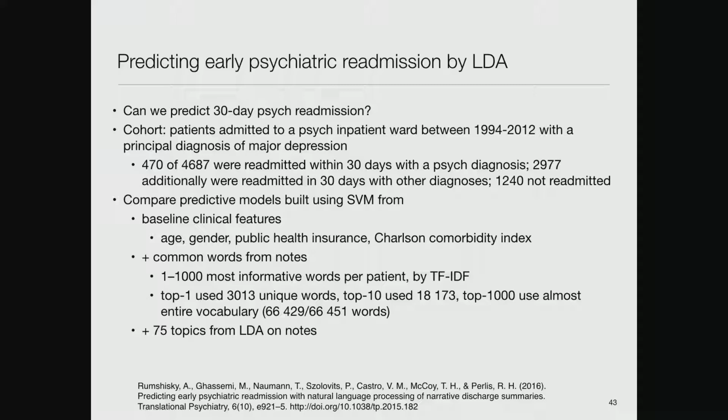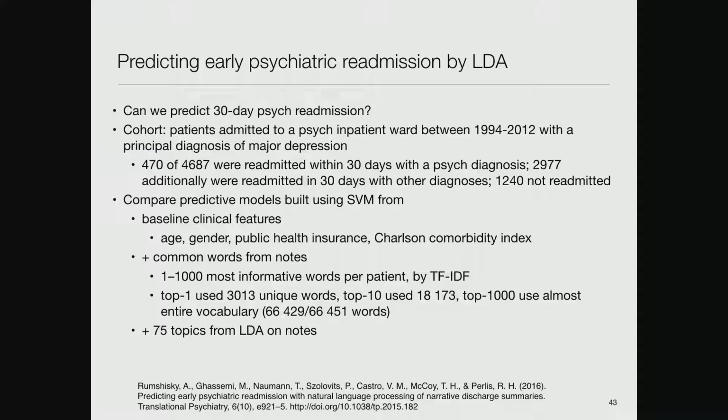And then we said, well, what if we add to that model common words from notes? So we said, let's do a TF-IDF calculation. So this is term frequency divided by log of the document frequency. So it's sort of how specific is a term to identify a particular kind of condition. And we take the 1,000 most informative words, so there are a lot of these.